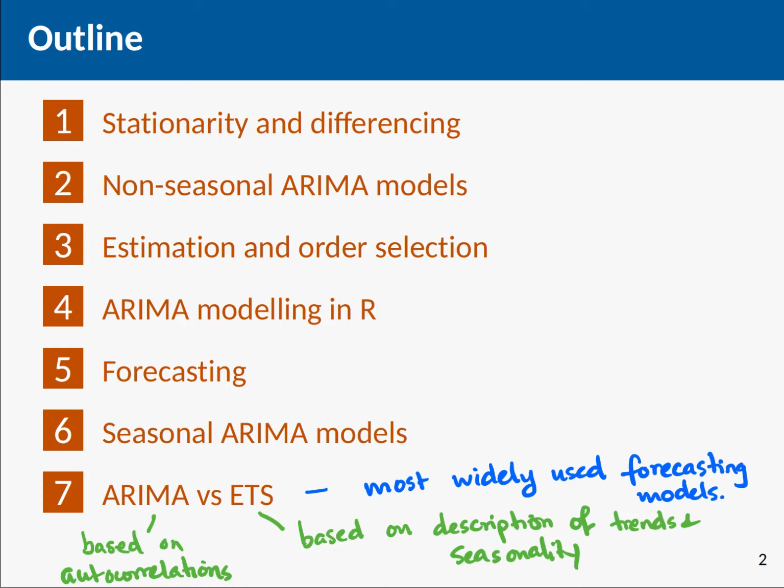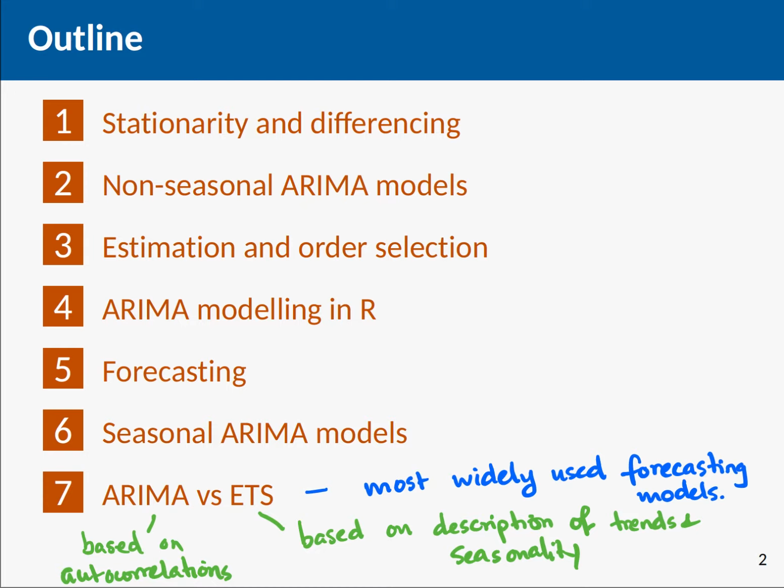Now, the outline of our chapter is going to be the following. We are going to be talking about something that's very fundamental to working with ARIMA models, which is making your time series stationary and the technique of differencing. We'll proceed with looking at non-seasonal ARIMA models, and later on we'll talk about seasonal ARIMA models.